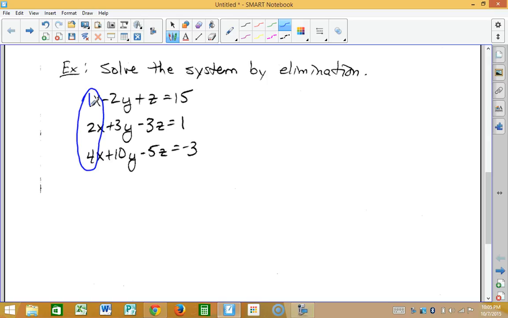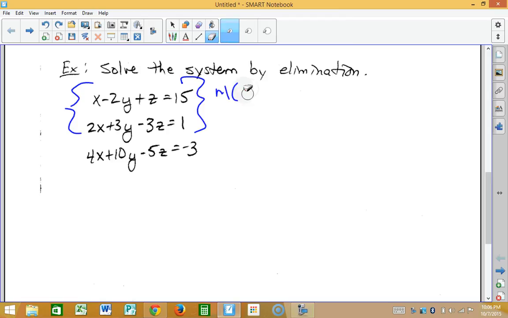So we're going to go ahead and make these first two equations have the same number. So we're going to multiply the first one by 2, and we're going to multiply the second one by a -1. The reason why I want to multiply by a -1 is because we want to have different signs. It's much easier to eliminate when you have different signs.